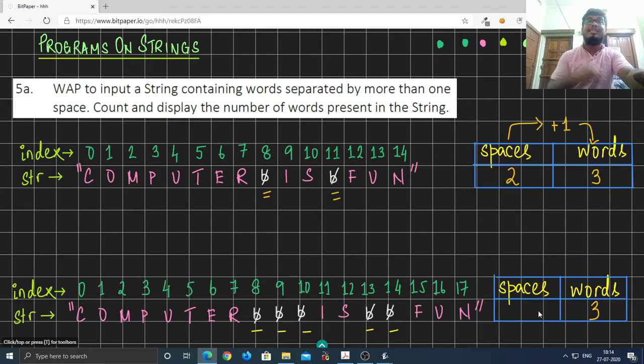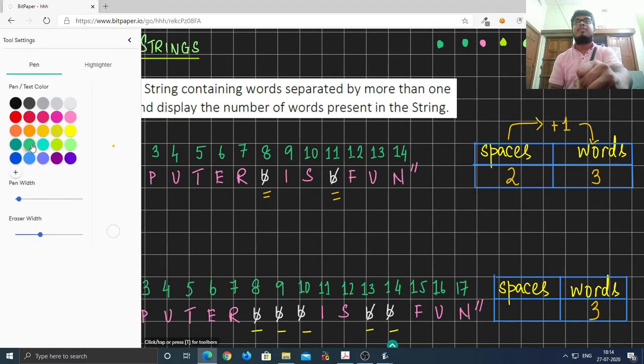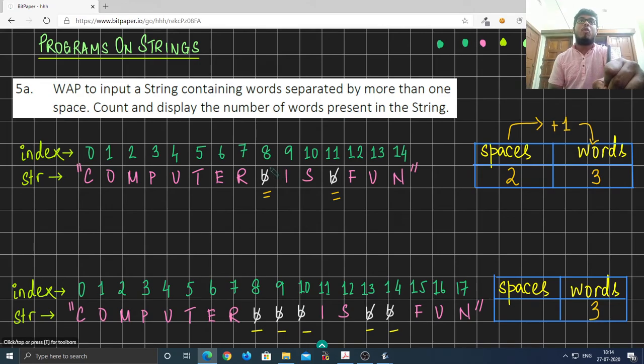So in these cases, we must do one thing. Now, what is that thing? The first thing would be to figure out what is the property of this space. By property, I mean this fact: the spaces in this particular string are always followed by a non-space character. So this space at index 8 is followed by I, which is a non-space character.